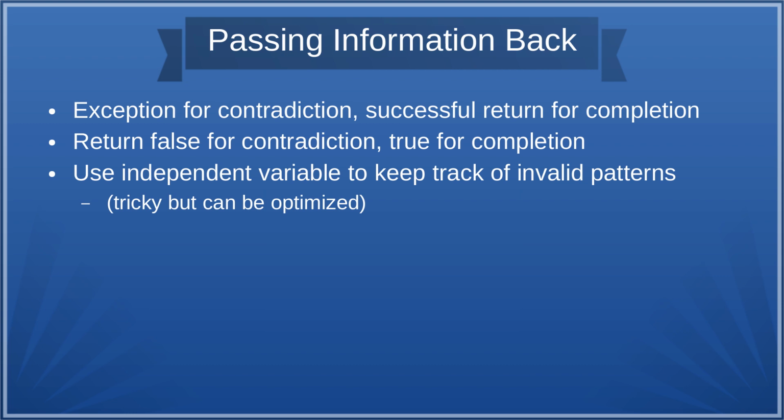If the function returns without error, on the other hand, then the entire map has been solved consistent with our constraints. However, other solutions might use different return values for success and failure, or keep track of a variable for whether or not certain patterns result in contradictions. This last option can be extremely tricky, but implemented well, it might optimize your solution significantly.